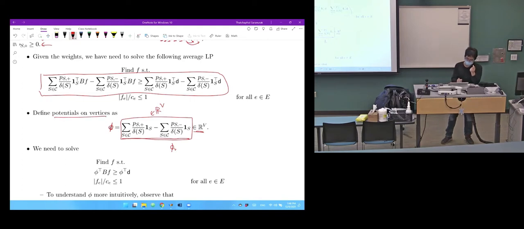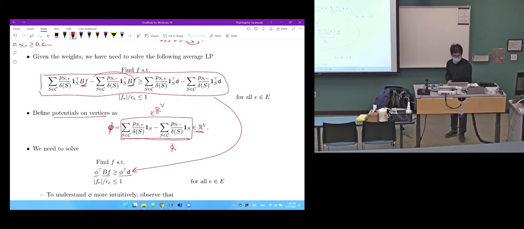This is just a potential on each vertex. And now, once I define phi here, you can see that this whole thing simplifies to this. You can just factor f out here, and you factor Bf out, and you get phi times Bf. The same thing on the right-hand side. So phi is just some vector living in R^V.